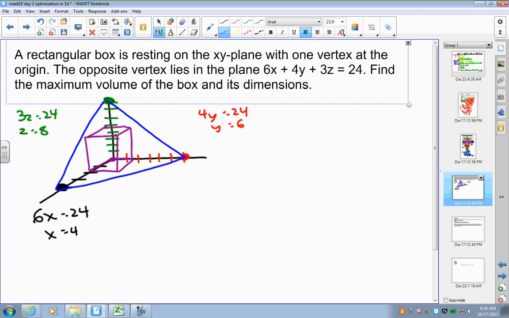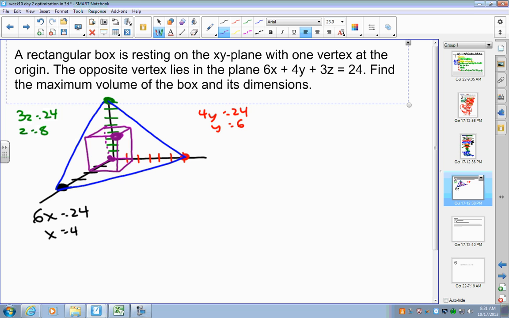So this part right here is touching the plane, and the back corner, okay, is on the origin. Okay, so there's my box.